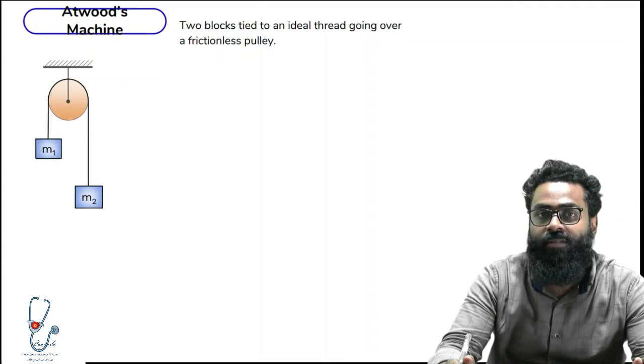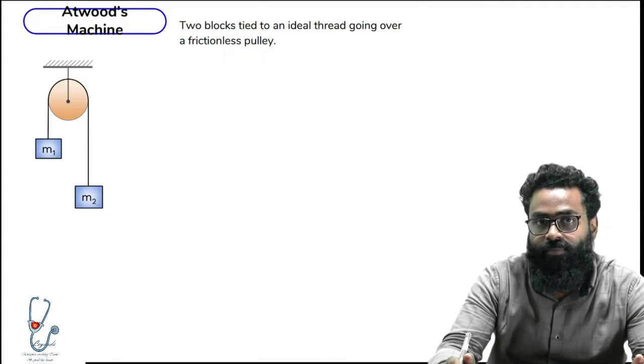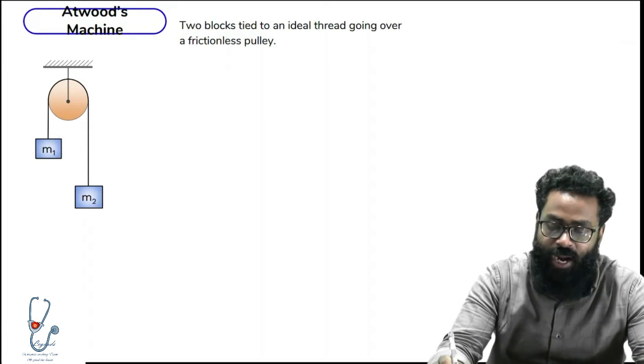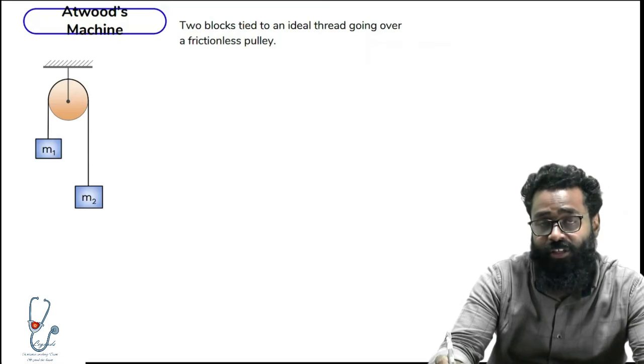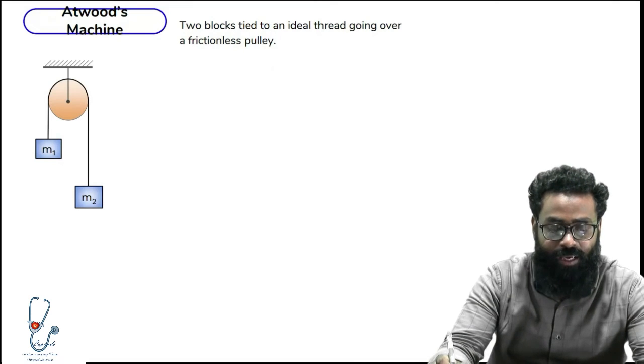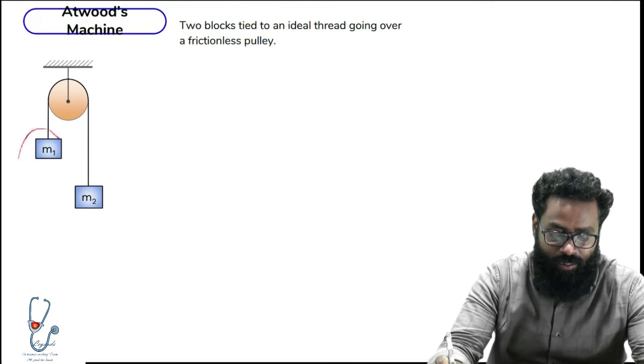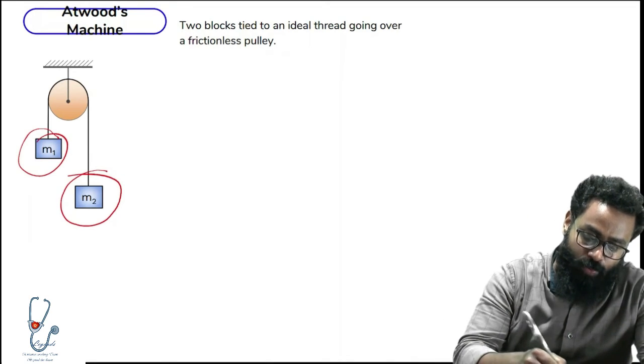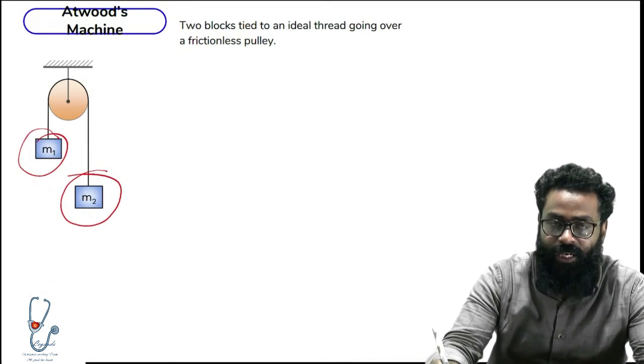So next we discussed Atwood's machine. Atwood's machine is an arrangement of 2 blocks tied to an ideal thread going over a frictionless pulley. Simply, there will be a mass m1 and m2 attached by a string through a pulley.